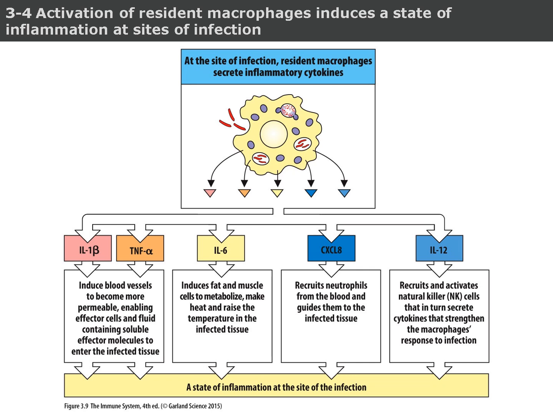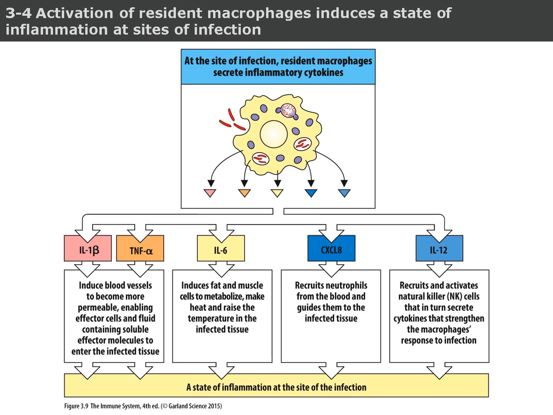Interleukin-6 acts on fat and muscle cells, instructing them to increase metabolism, which generates heat and raises the temperature in the infected tissue, part of the fever response. Chemokine ligand A, another molecule secreted by macrophages, recruits neutrophils, important white blood cells, from the bloodstream and directs them to the infection site.